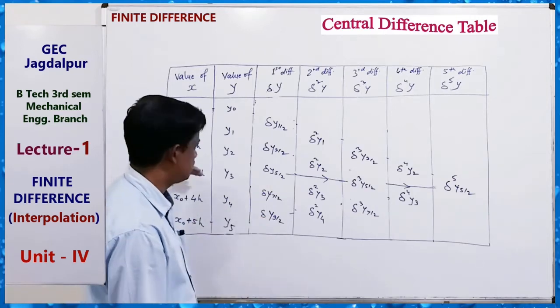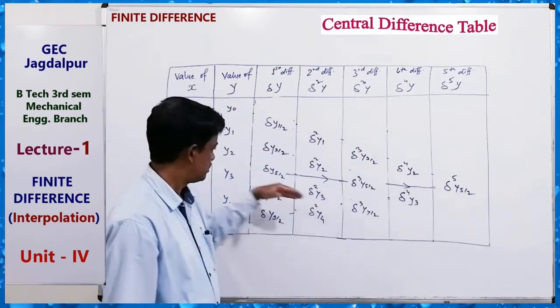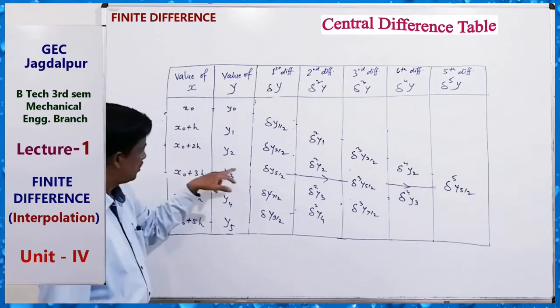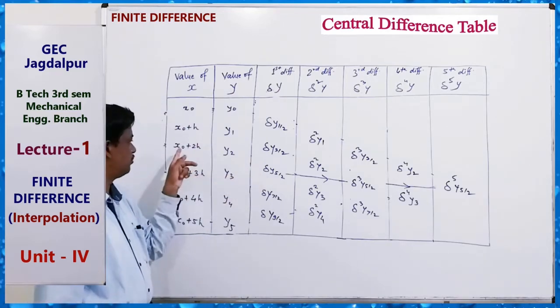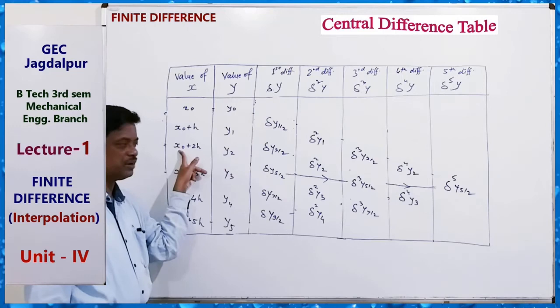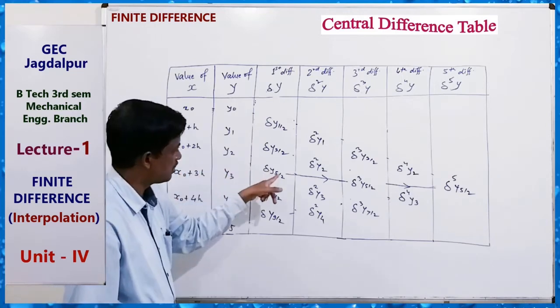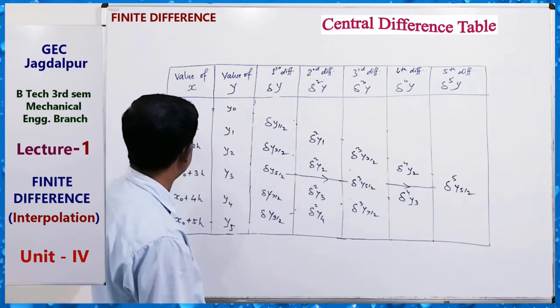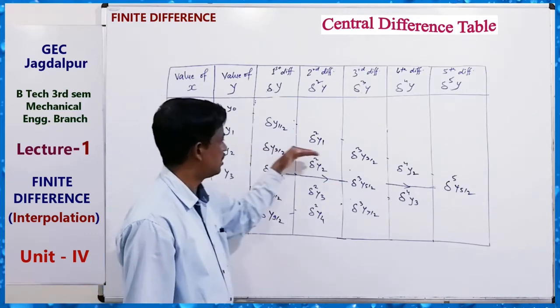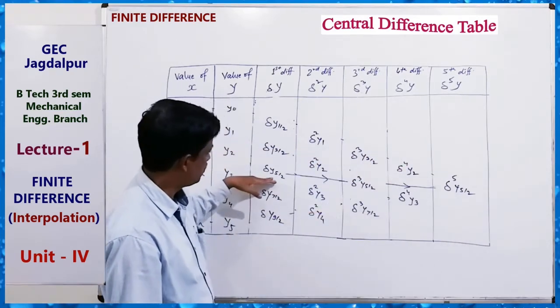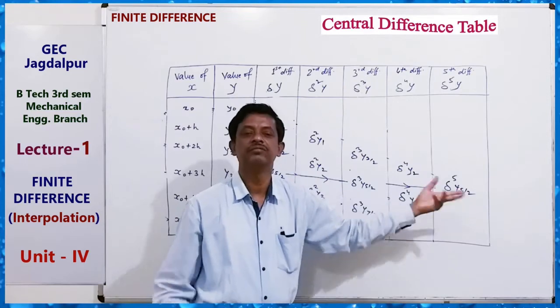And just like the central difference formula, the central difference is there here. If we take this as the origin argument, then from here we can start. Or if this is the origin argument, then we can start here. This is 5 by 2, this is 5 by 2, this is 5 by 2, same.